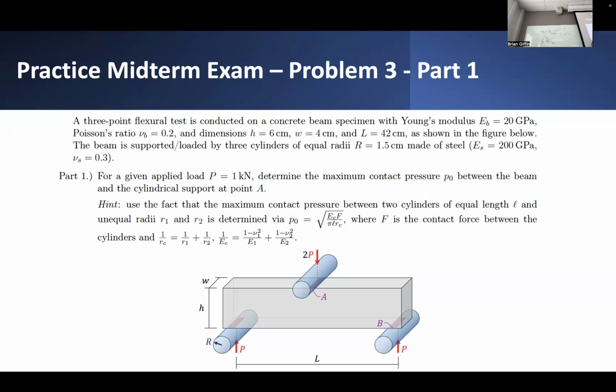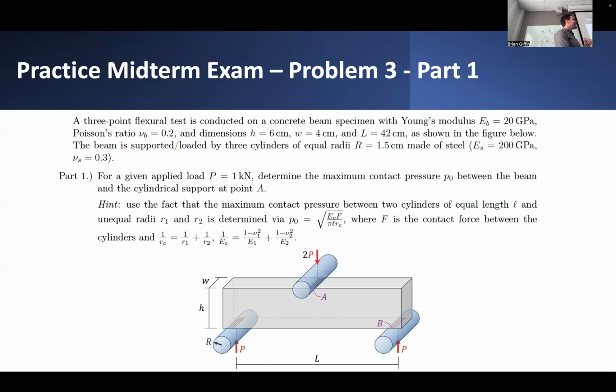So anytime one of the objects in contact with a circular object has a flat surface, you can still treat it as a circular surface, just with an infinite radius.